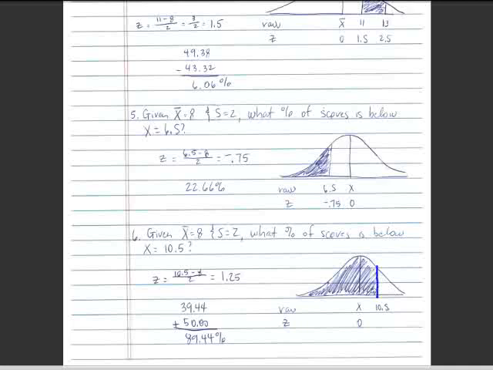We've got to transform that into a z-score. 10.5 minus 8 divided by 2 is equal to 1.25. I didn't write that down on there, so I'll do it right now: 1.25. And I go to the table. The table says the distance between the mean and a particular z, in this case 1.25, is 39.44%.